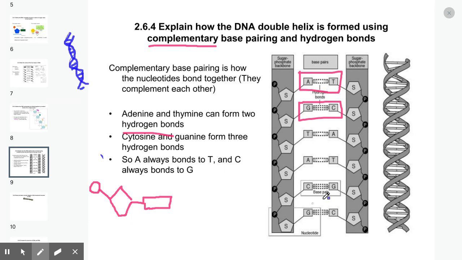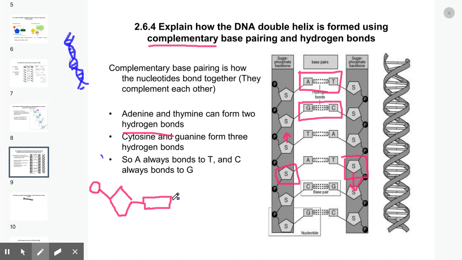Now, if you notice, they look different. If you look at this pentose sugar and this pentose sugar, they're not facing the same direction. This point is pointing up, and the point of this one is pointing down. We call this anti-parallel. They're going in opposite directions, and it's very important that you draw them that way.